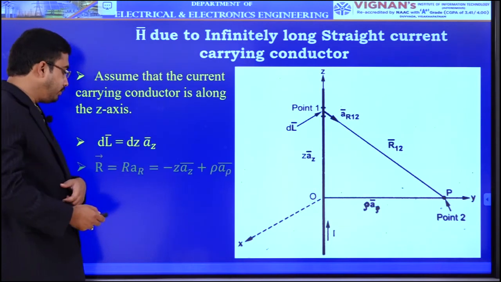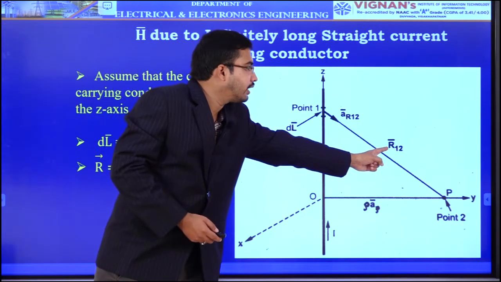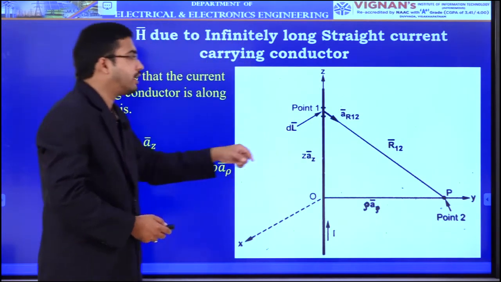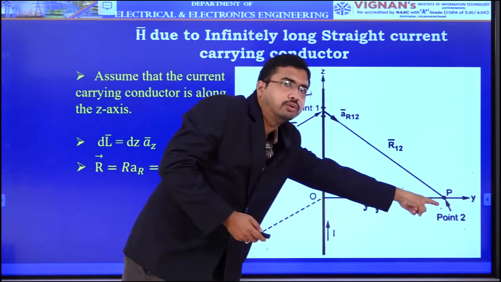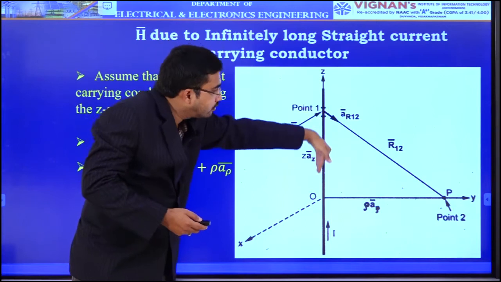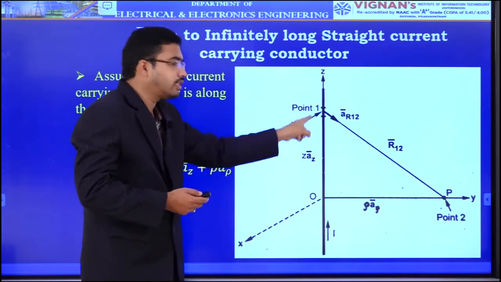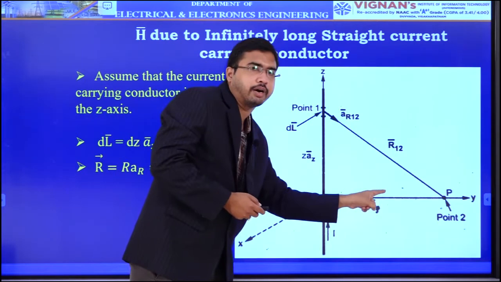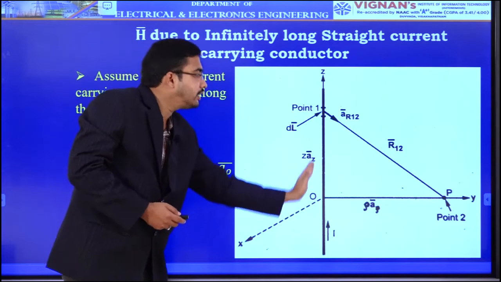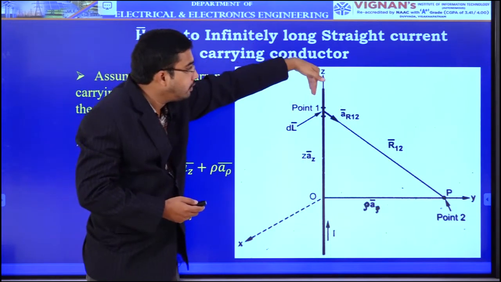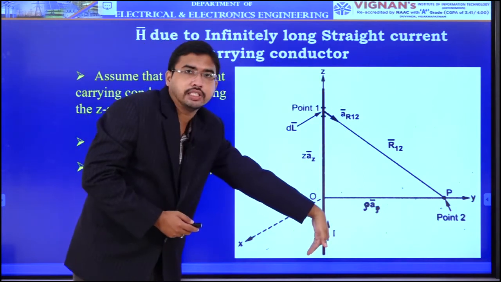And how can you express this distance vector? This distance vector can be expressed as the distance from point 1 to point 2. See, I am going from here to here and from here to here, the vector distance of this part and the vector distance of this part. When you are looking upwards, the direction of az is plus az, but I am going from point 1 to the origin now, so we are going in the opposite direction.